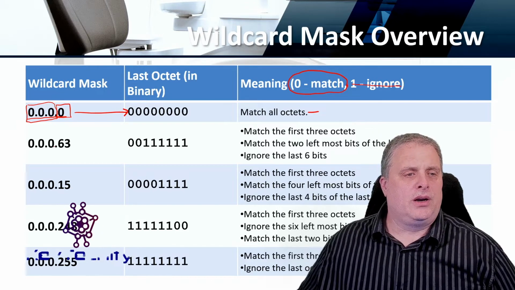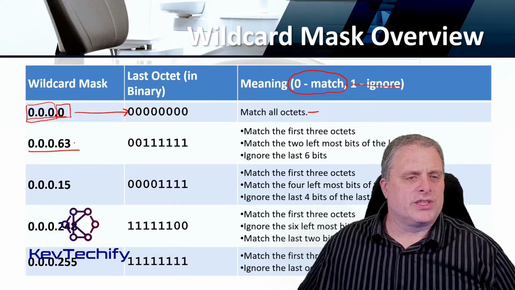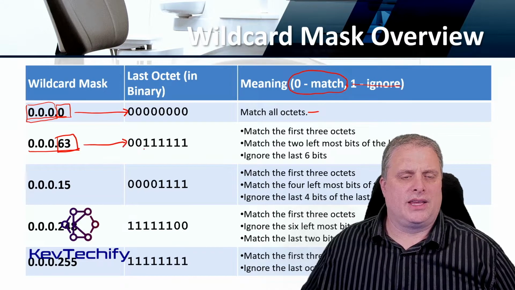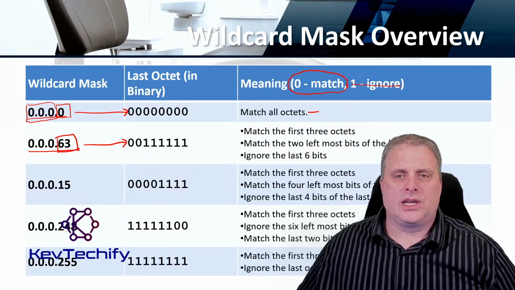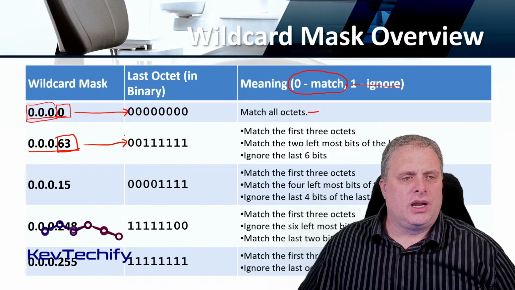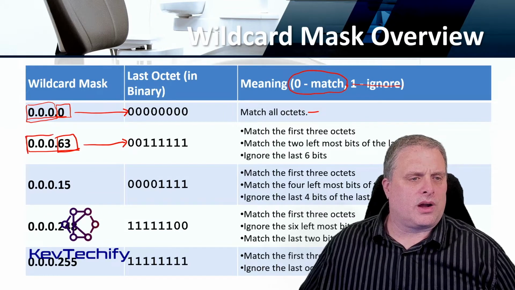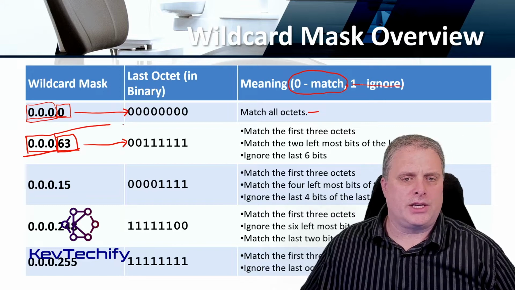Second example here, we have 0.0.0.63. And what we did is we took this last octet right here, wrote it out in binary. That gives us 2 zeros and 6 1s. Now, once again, remember, 0s mean a match. And so what we want to do here is we started off with our 3 zeros in our dotted decimal notation.